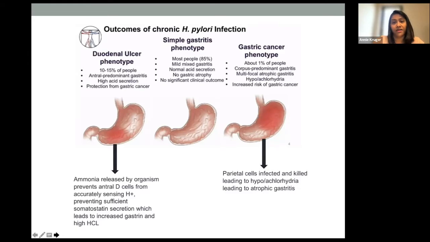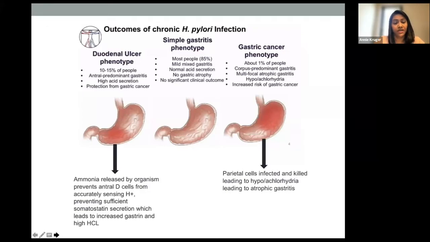Now, the people who have the more serious subtypes are the duodenal ulcer phenotype and the gastric cancer phenotype. The duodenal ulcer phenotype is very interesting because it's again in about 10 to 15% of people. In this case, the organism is harbored in the antrum of the stomach, and it leads to very high acid secretion.